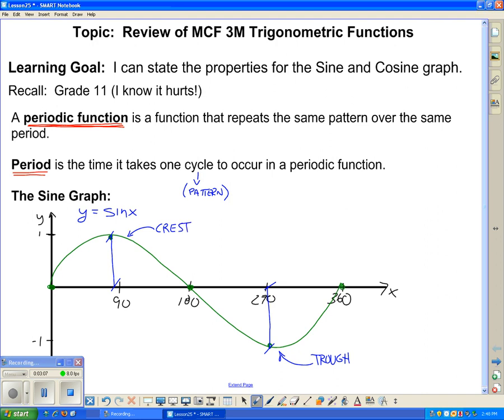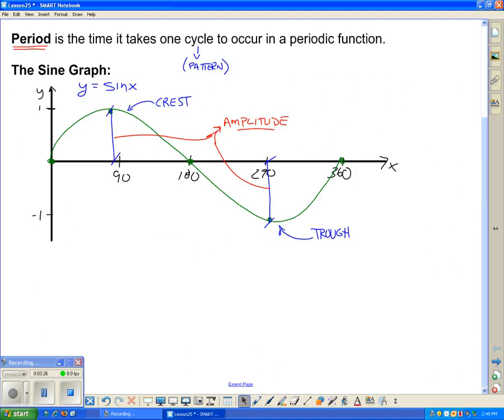So a crest or trough to the center line, that is known as our amplitude. Okay, so there's our amplitude, and I'm just going to go down here below from here all the way to here. That is the period. Okay, how long to repeat.